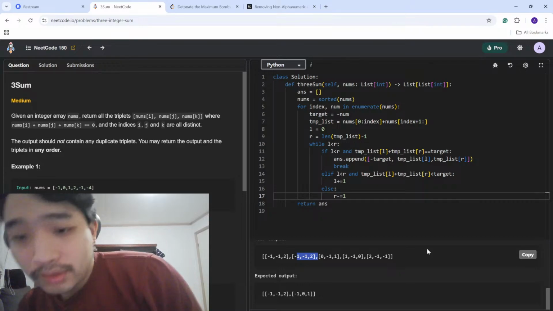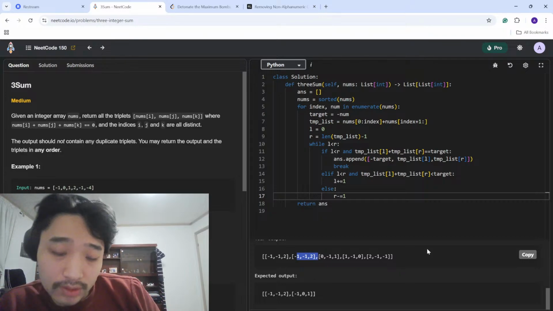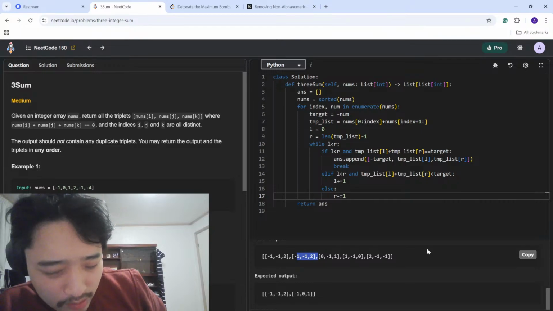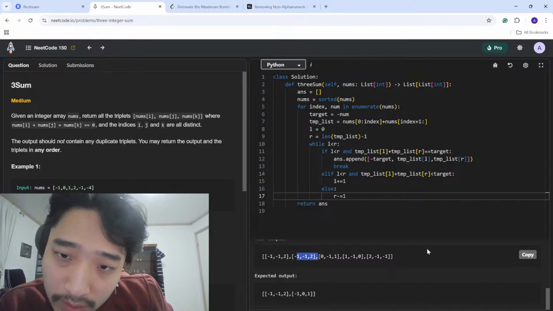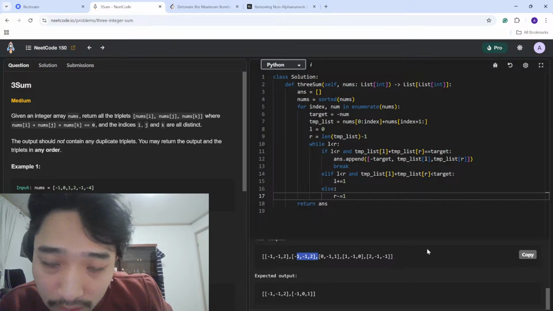So these two are the same, so it would be a set. However, that is also the same as this. Okay, I think I have a solution in terms of how I can do it, just like making the list smaller and smaller until it's not feasible anymore.